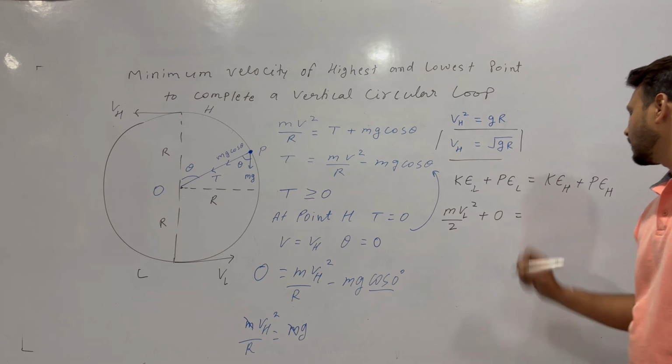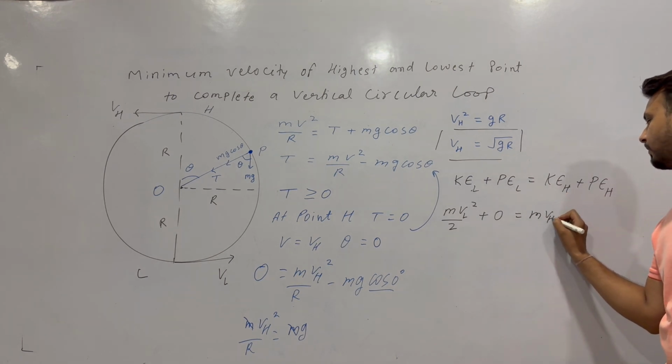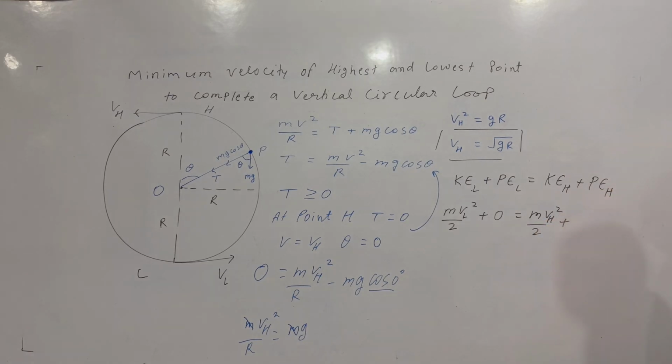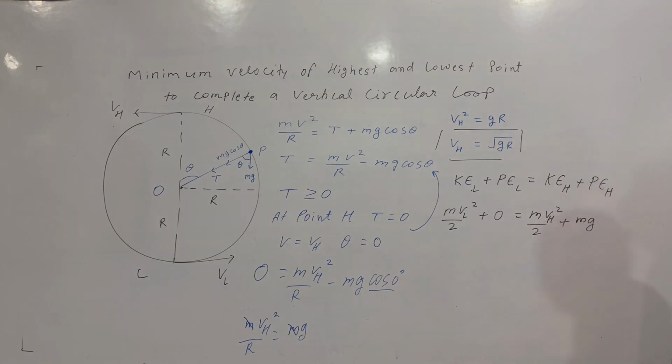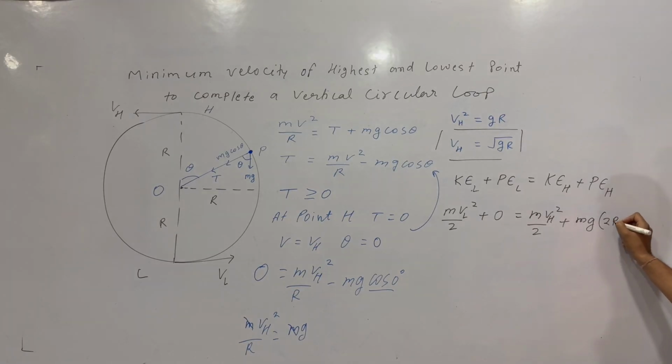0. Now again kinetic energy at the highest point will be equal to mvh square by 2 plus potential energy at the highest point, which will be given by mgh. And the height of the highest point from the lowest point will be equal to r plus r, that is 2r.